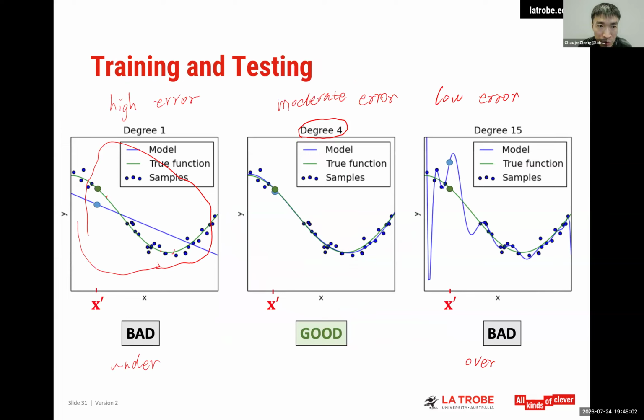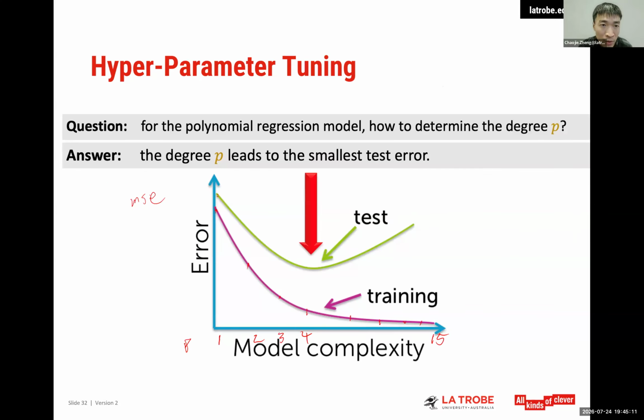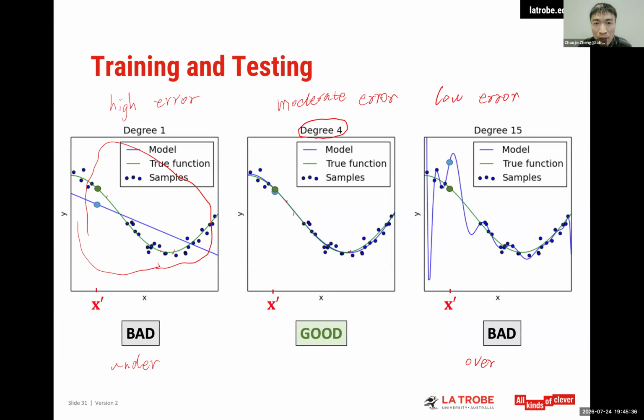And for the newly sampled unseen data, those errors will decrease. So we will see a trend that the testing error decreases while the model complexity increases. But over a certain point, if we keep increasing the model complexity, we will get too complicated curves that will overfit the training data samples.